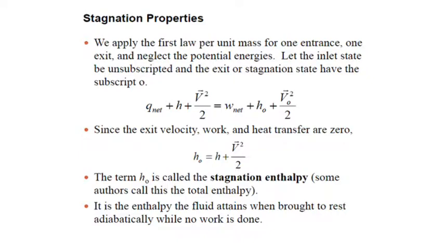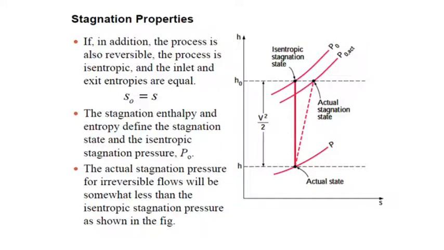In the next slide, you can see the graph which is plotted between enthalpy and entropy. In this, the isentropic stagnation state, the actual stagnation state, and the actual state are shown through the curves. You can see, if in addition the process is also reversible, the process is isentropic and the inlet and exit entropies are equal.